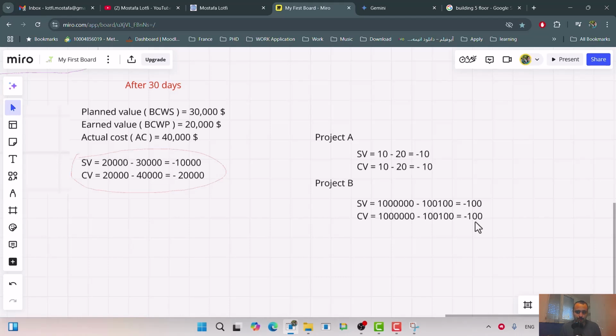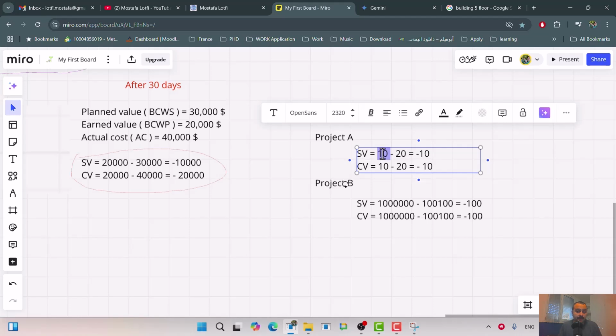If you want to consider the amount, the 100,000, in your interpretation, then it can create a misleading situation, because project B is much better than project A. Project A earned value is 10 and planned value was 20.